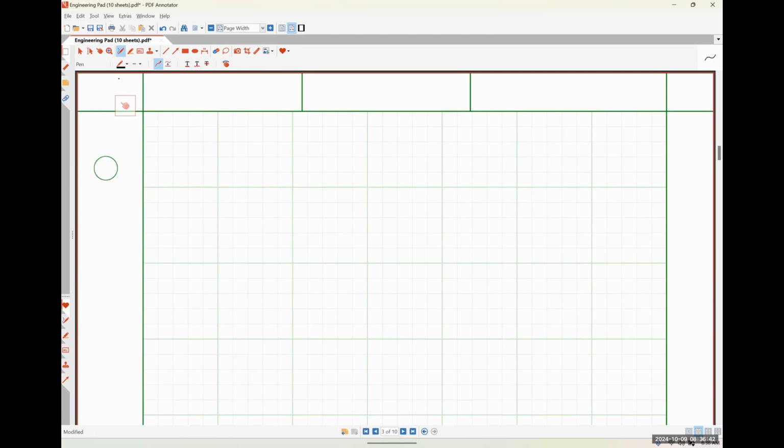Okay. So let's say that I'm asked to analyze the following circuit. So here I've got some 12-volt source. Here is a 15 ohm resistor. And then here's a switch.